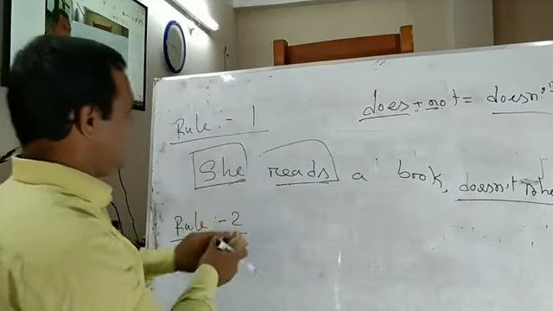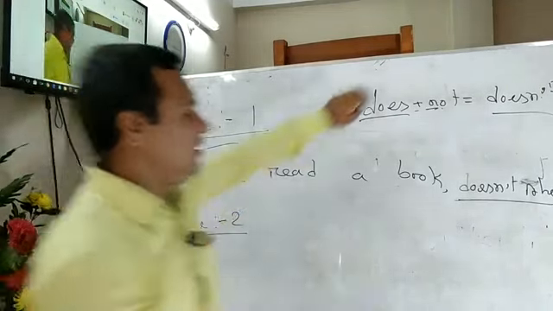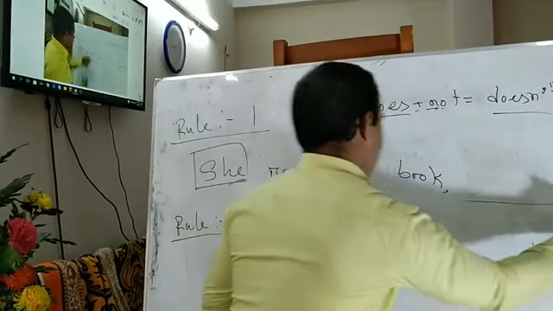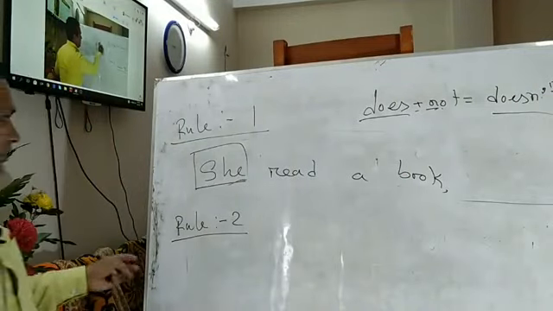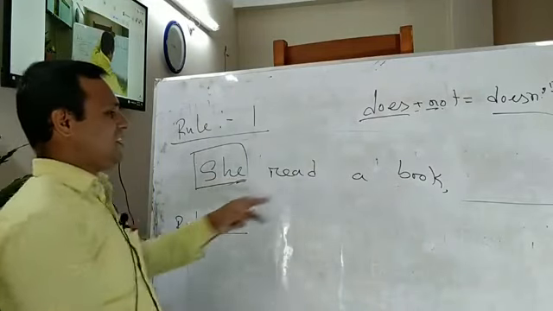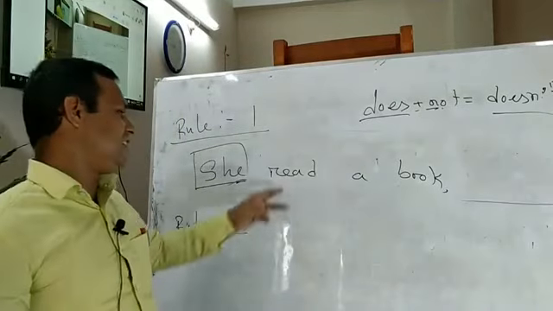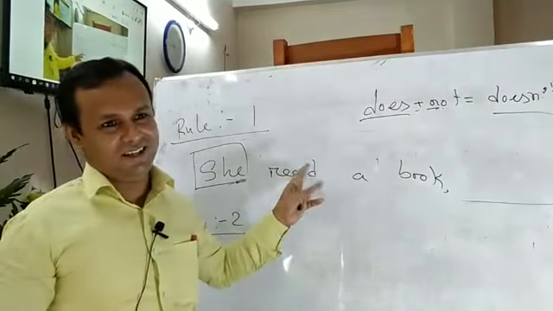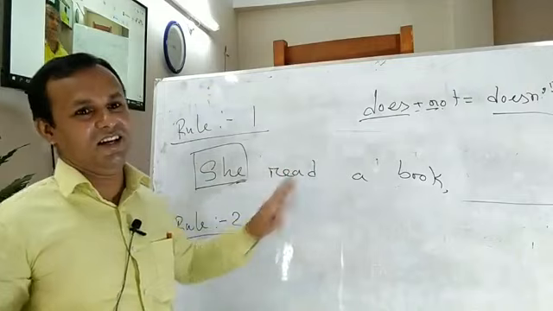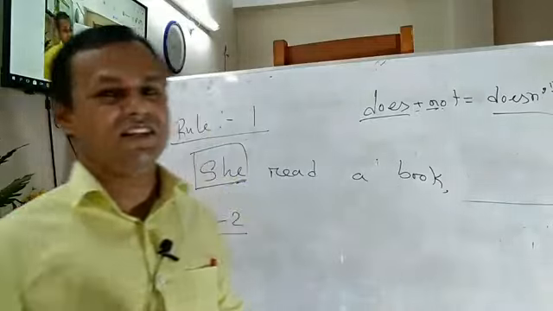If the sentence is past indefinite tense, you will see that there is no auxiliary verb in the sentence. Dear students, I am writing another example of tag questions. She read. In the previous sentence you followed that read plus s is reads, but in this sentence you don't find reads and you don't find s.